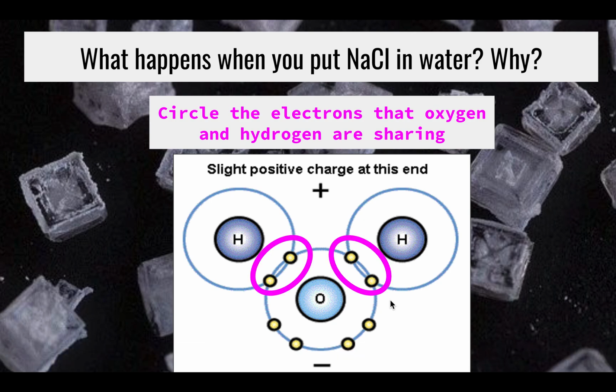And what I want you to notice here is that the majority of the electrons are spending the majority of their time around this oxygen, okay? And the ones that are orbiting hydrogen are spending less time around hydrogen. So the majority of them are spending time around here, and because electrons have a negative charge, we end up with a partial negative charge on this side of the water molecule, and a partial positive charge on this side of the water molecule where the hydrogens are.